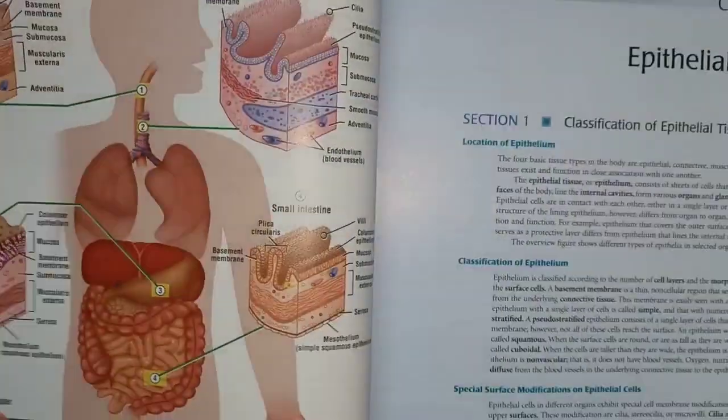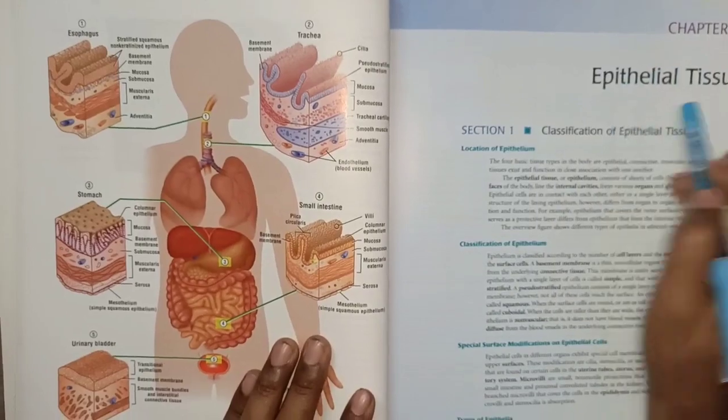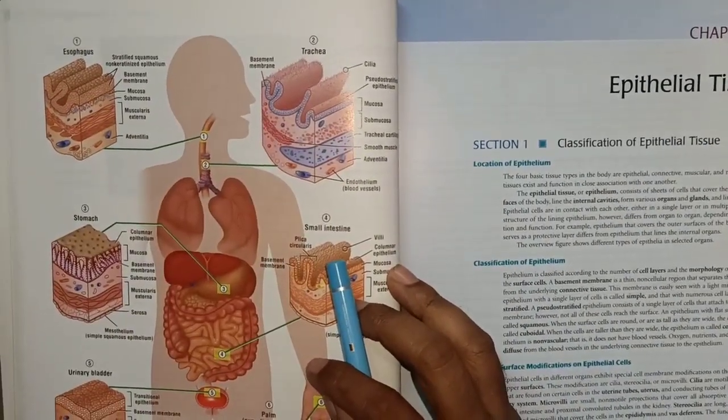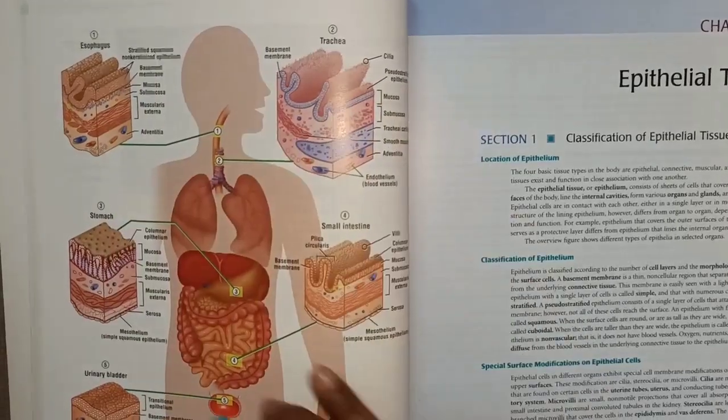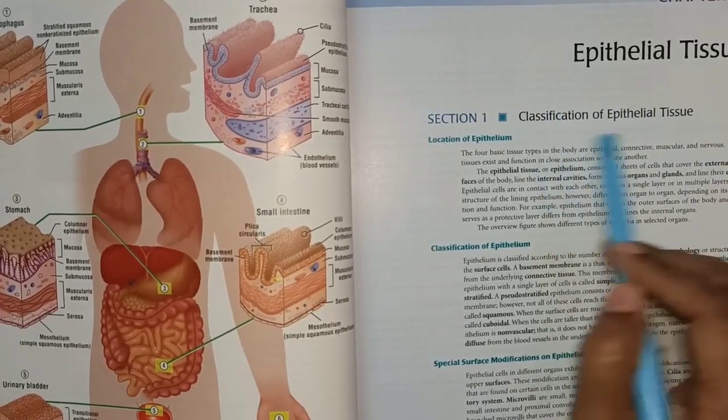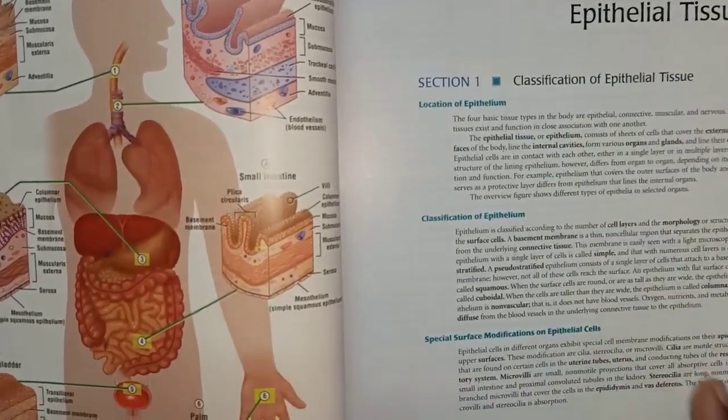The next chapter is the epithelial tissue, chapter number 2. On the side, they have given very nice line diagrams of the various epithelial linings in different organs of the human body. This is the first subheading, classification of the epithelial tissue, which we saw yesterday.